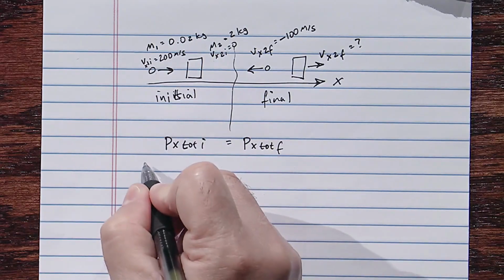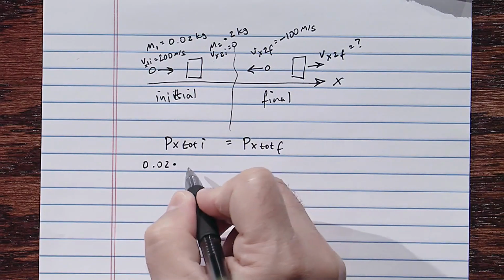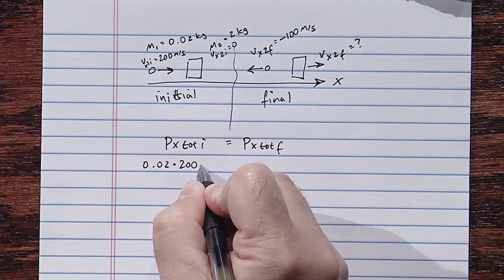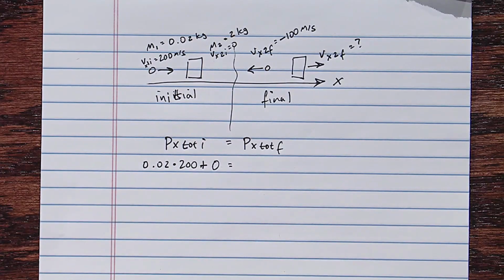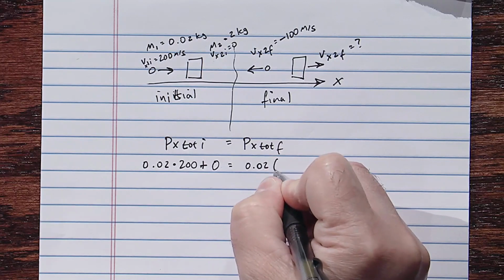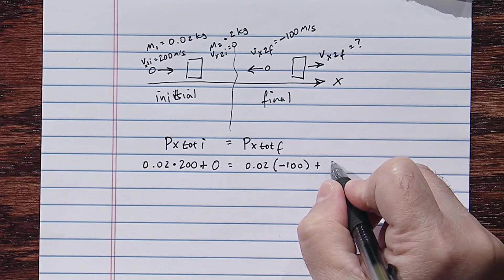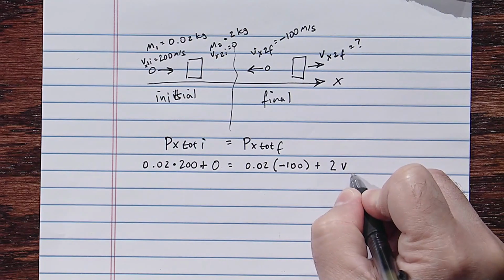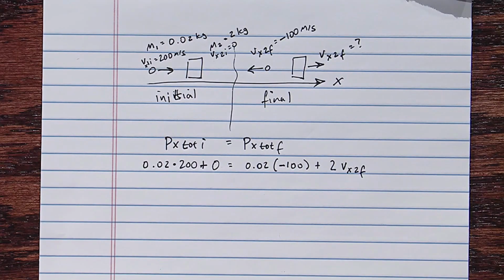Initially, we have 0.02 kilograms times 200 meters per second plus 0 for the block. And afterwards, we have 0.02 times negative 100 plus the mass of the block, which is 2, times Vx2 final. The only unknown there is Vx2 final.